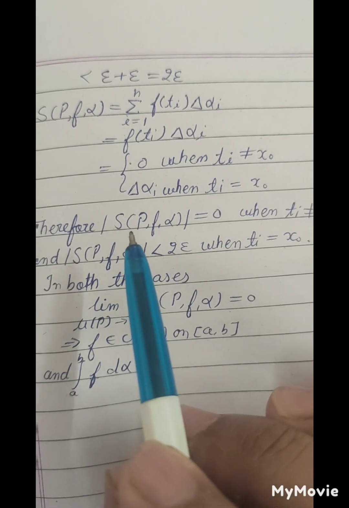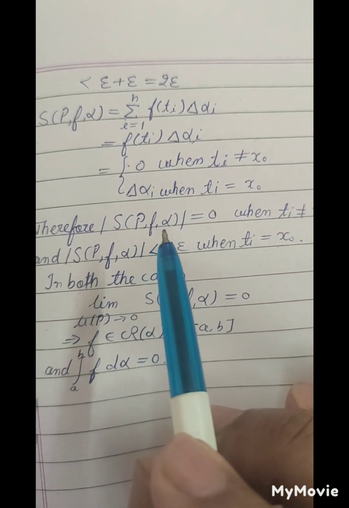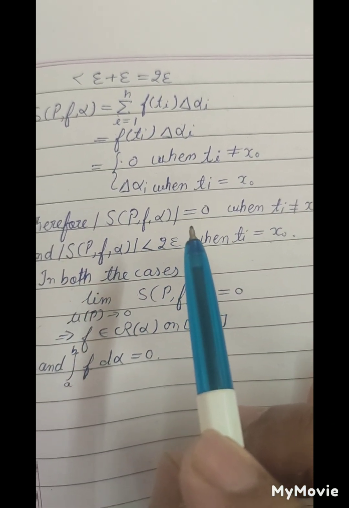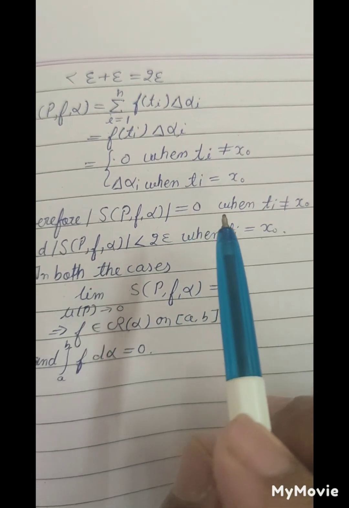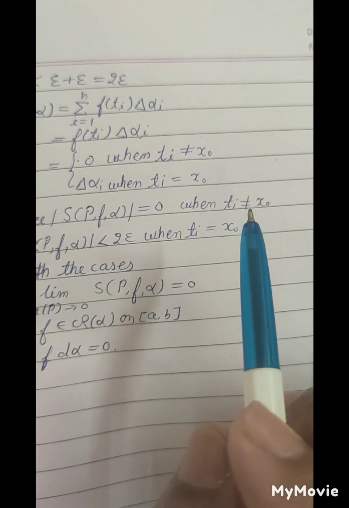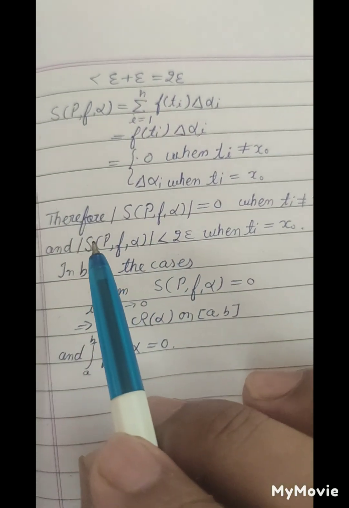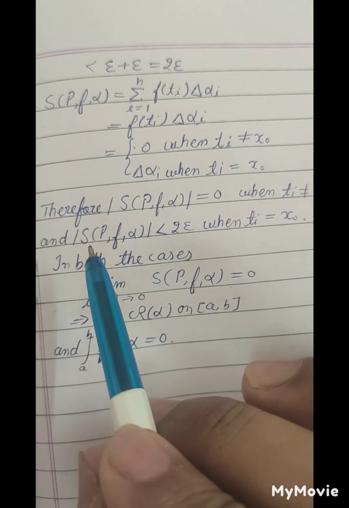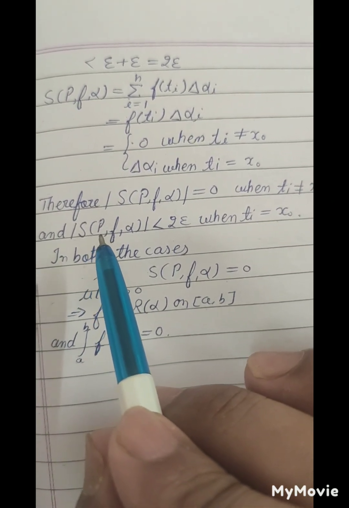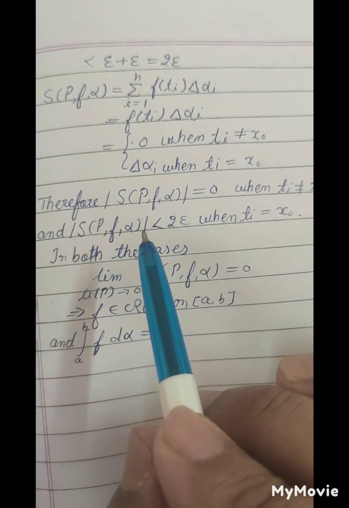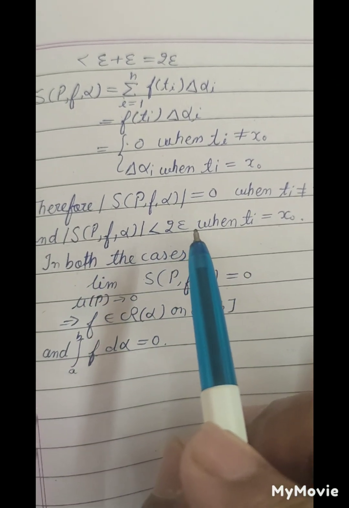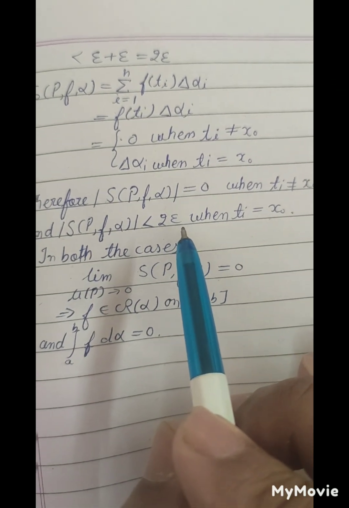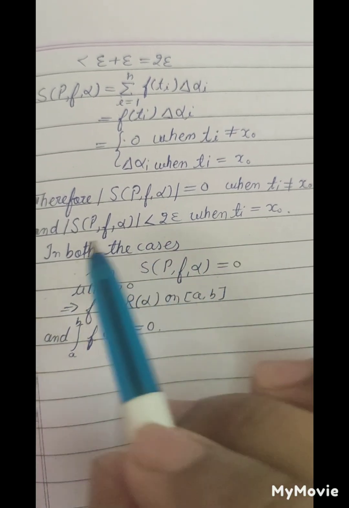Therefore the modulus of U(P, f, alpha) equals 0 when ti does not equal x0, and the modulus of U(P, f, alpha) is less than 2 epsilon when ti is equal to x0.